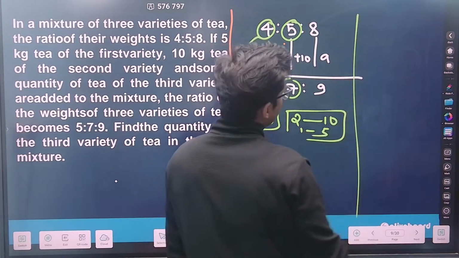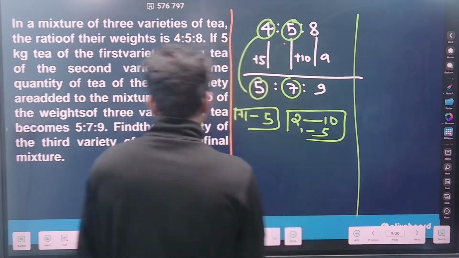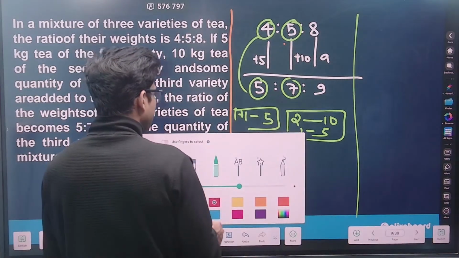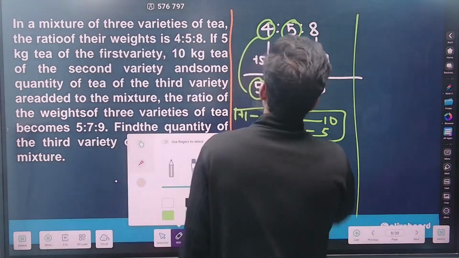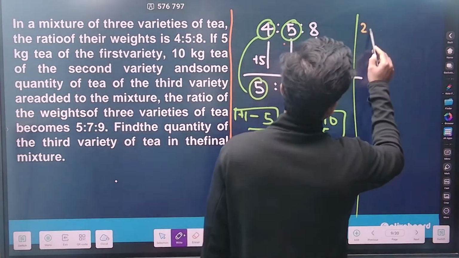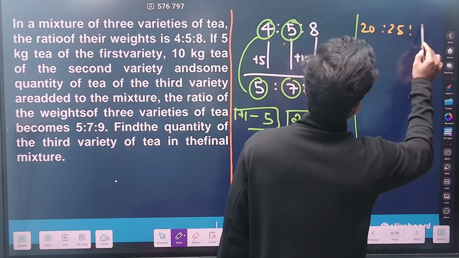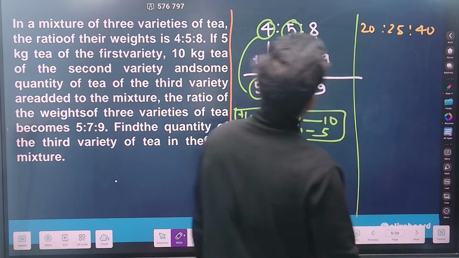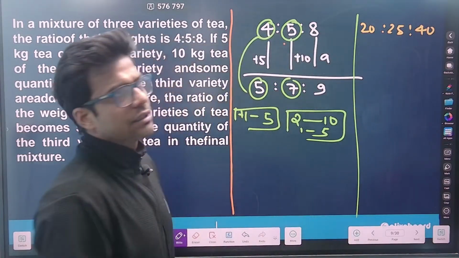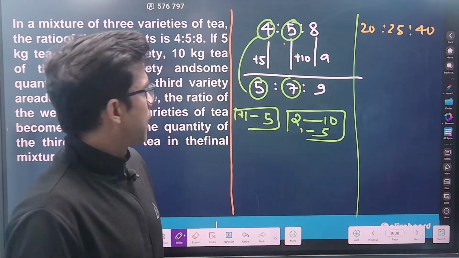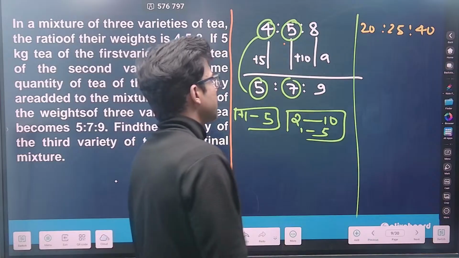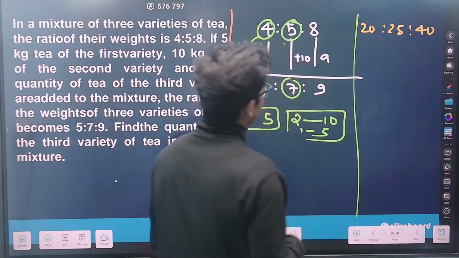So I would write the new ratios. Multiply 5 4s are 20 is to 5 5s are 25 is to 8 5s are 40. Now if 5, 10 and 20 kgs are getting added, this is the ratio, and the value of A would be again 5.